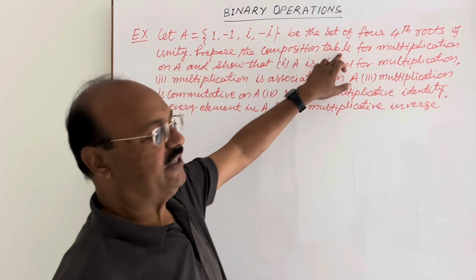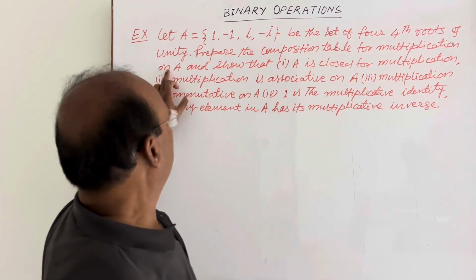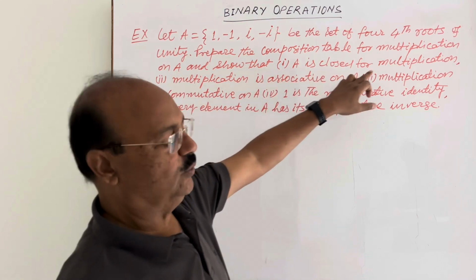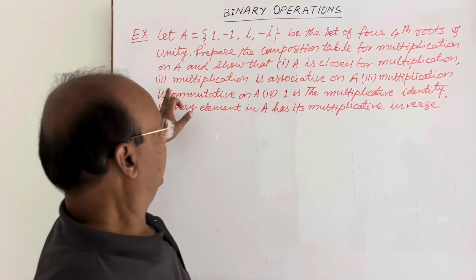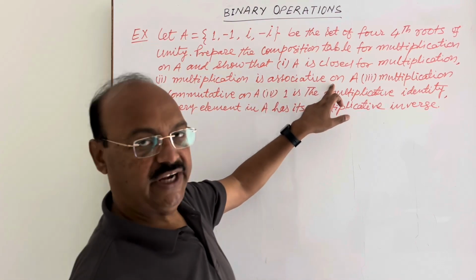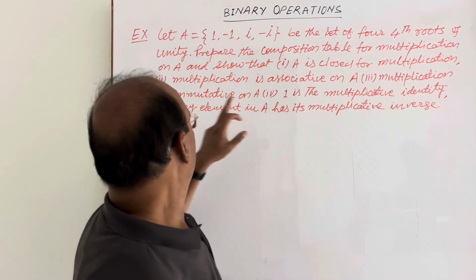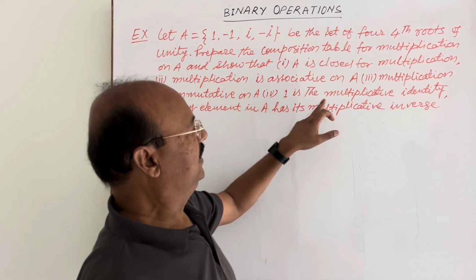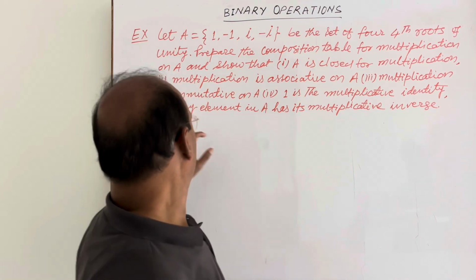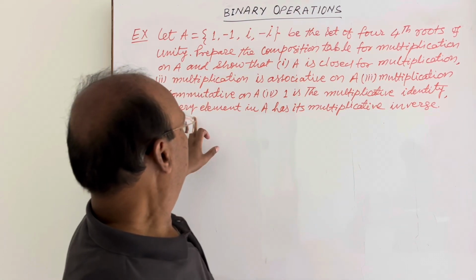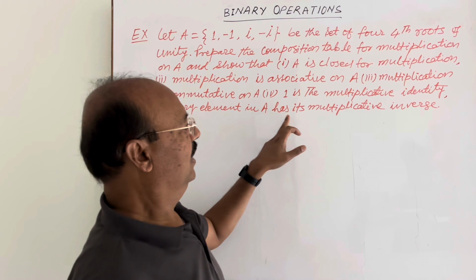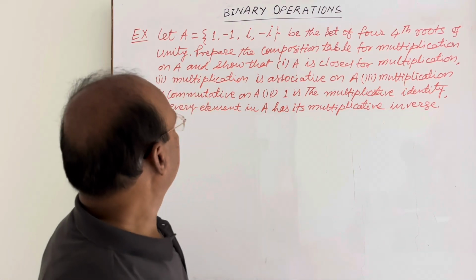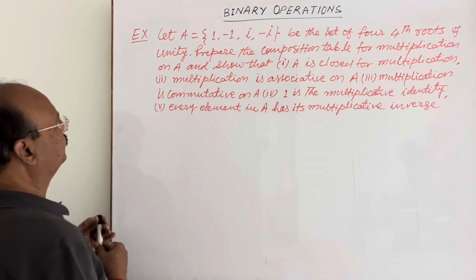Prepare the composition table for multiplication on A and show that first, A is closed for multiplication, second, multiplication is associative on A, third, multiplication is commutative on A, fourth, 1 is the multiplicative identity, and fifth, every element in A has its multiplicative inverse. Okay, so let us see the solution here.